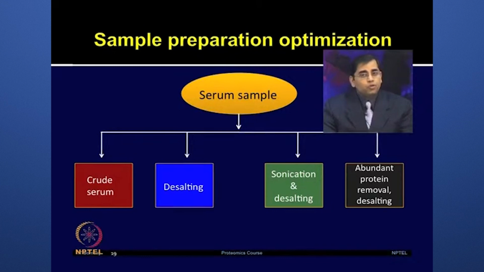But serum contains a lot of salt. So, isoelectric focusing itself becomes challenging if you have crude serum. So, we also tried removing the salt component, and after desalting we did the IEF.